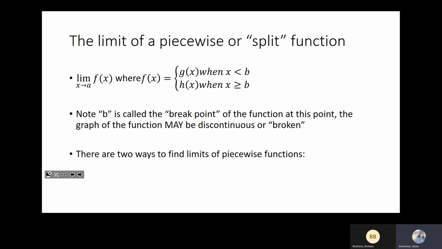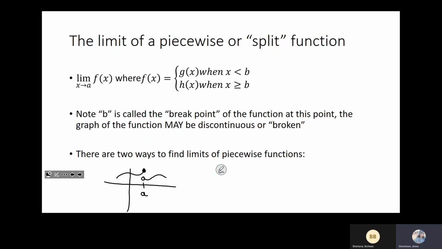That's most important, especially when we're talking about a split function, because we can have a graph that looks like this, right? And then we know it's got 2 sections, but it's discontinuous. And if I was asking for the limit right here at A, it would not exist because the left and the right are not approaching the exact same number.